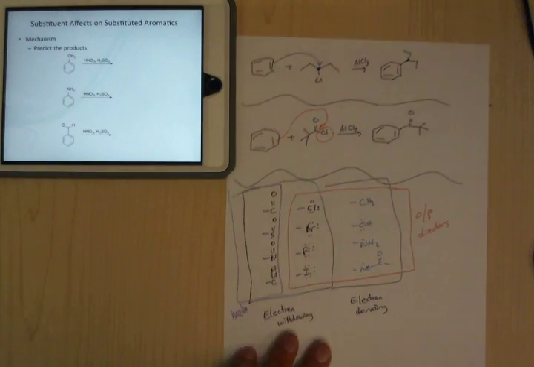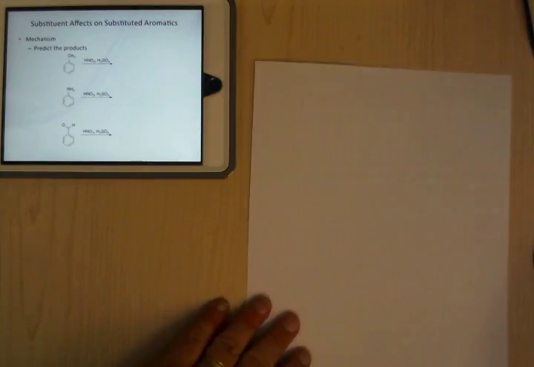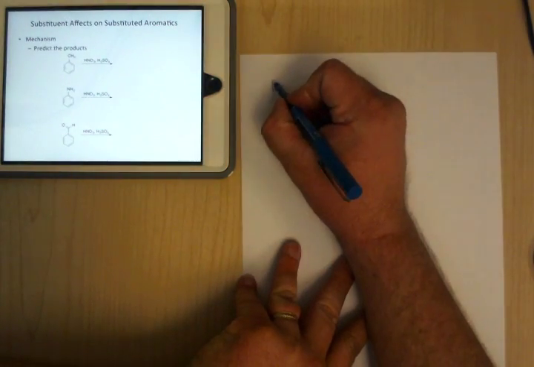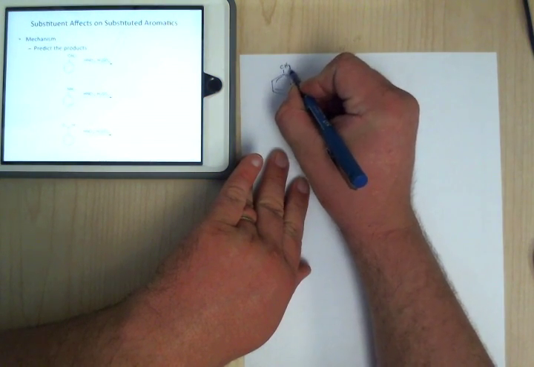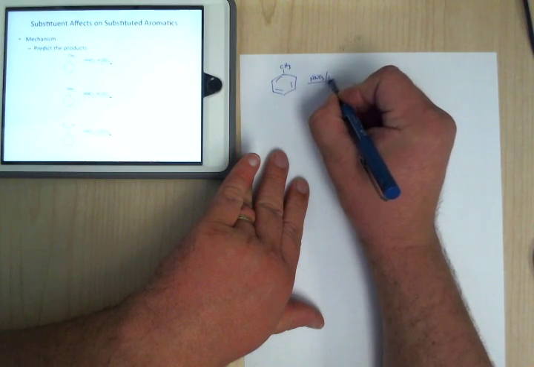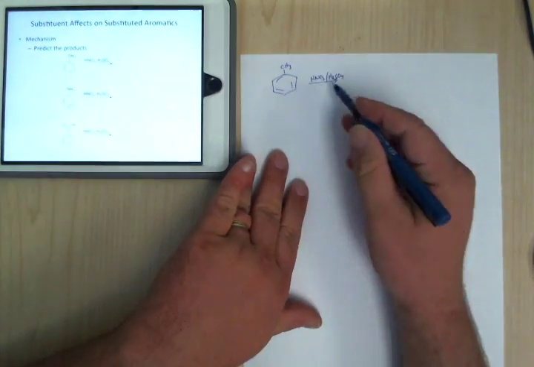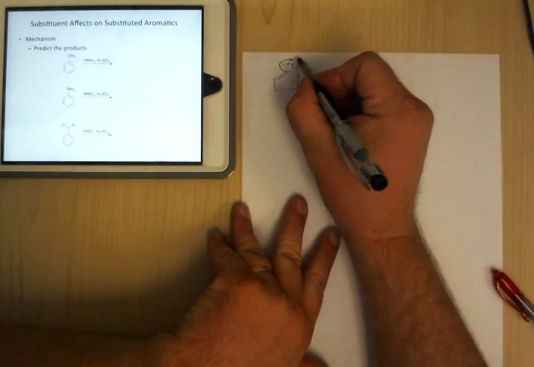So what does all this directing mean? Let's say we have this group here. We have toluene, and we want to add HNO3, H2SO4. We know that's a nitration.